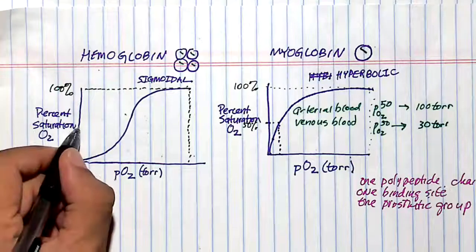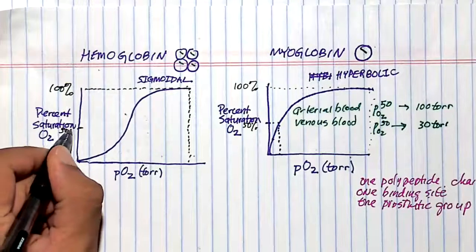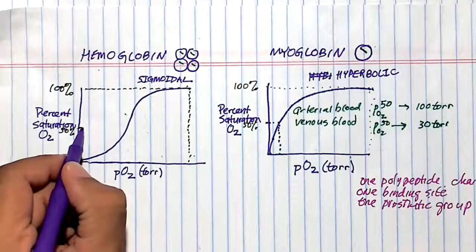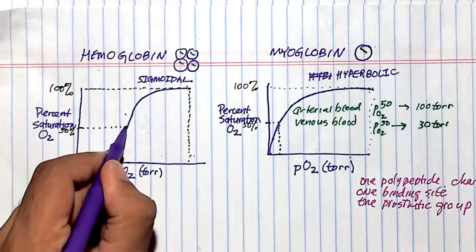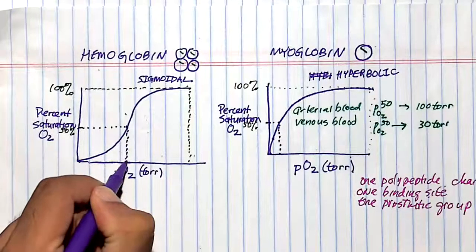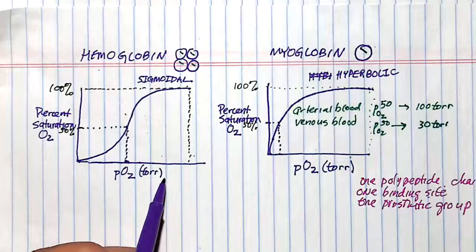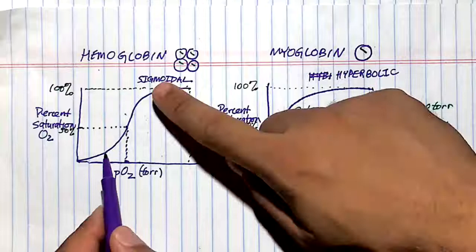Once again, we're interested in 50% as our cutoff. 50% saturation occurs around here. Okay? And it will differ whether it's arterial blood or venous blood. Okay? So, I want you to look at this region of the curve here.